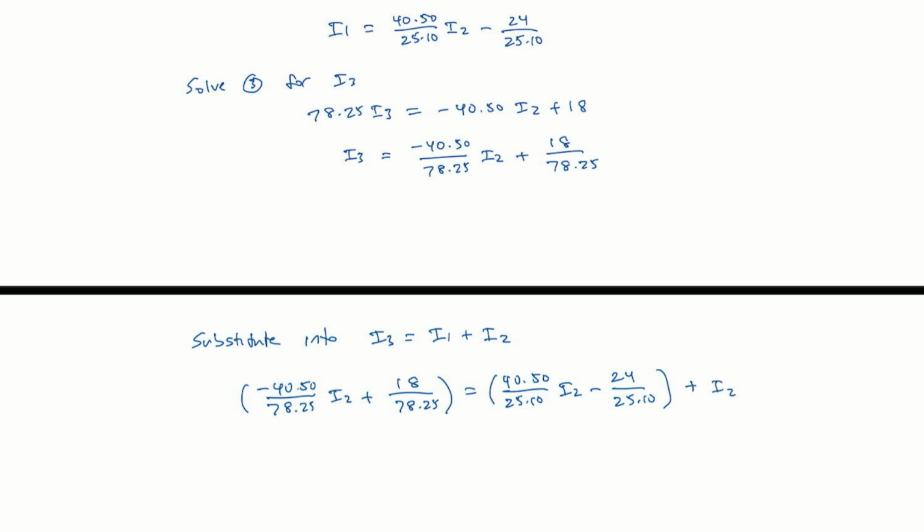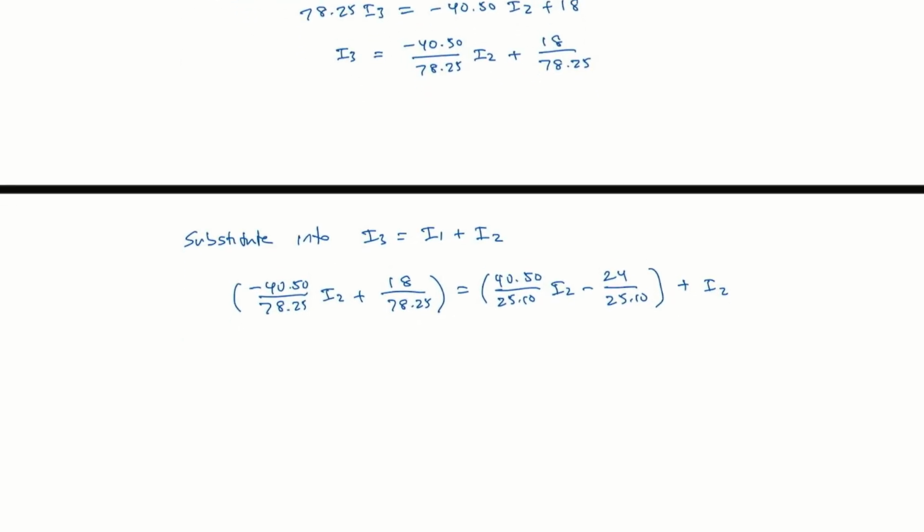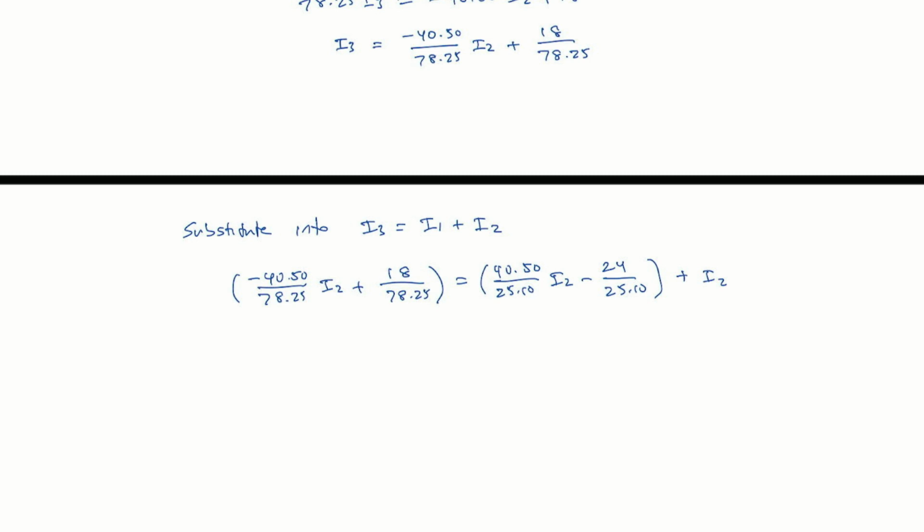I know it looks like a mess, but let's gather all the I2 terms on one side and then all the terms without I2 on the other side. So we can add the first term. So we've got 18 over 78.25. So we have 40.50 over 78.25 I2.